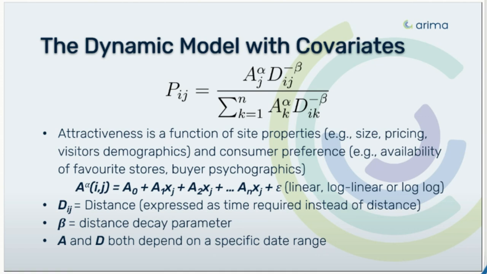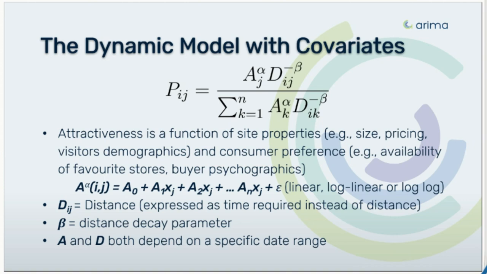And covariates really means features. We're adding features into the model so that we're factoring in both properties of the site as well as properties of the visitor, and we're calculating which of these covariates help explain visitation a little more. So here's what we've done.